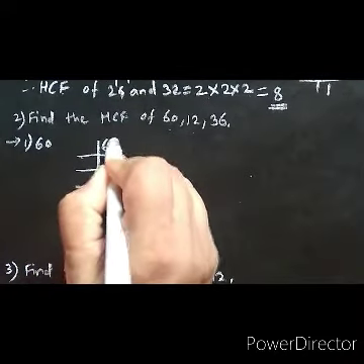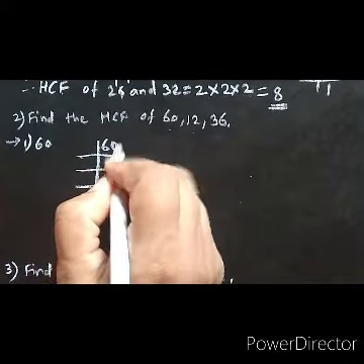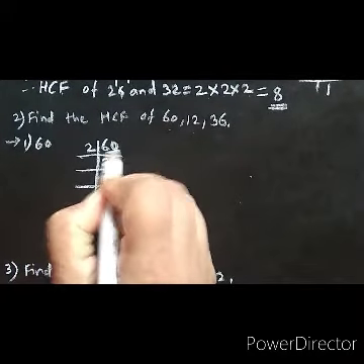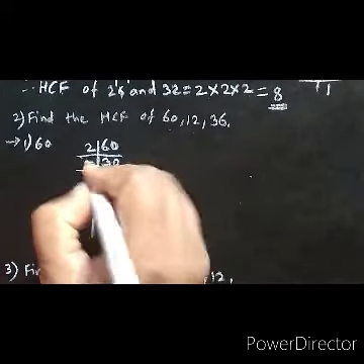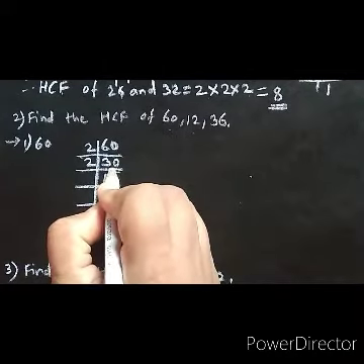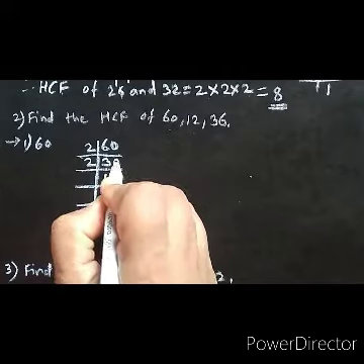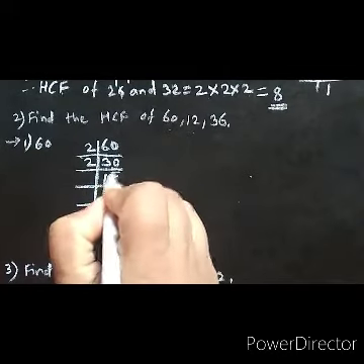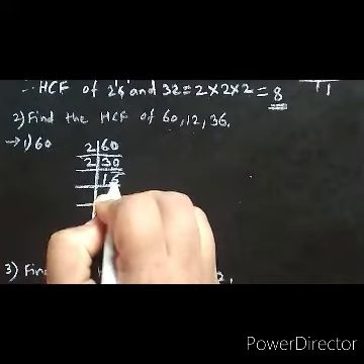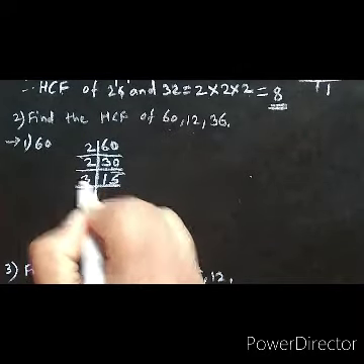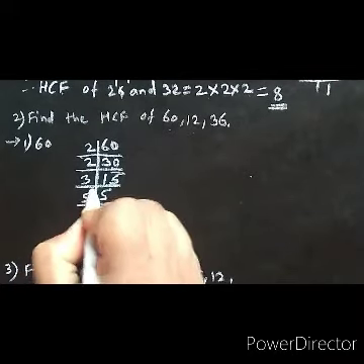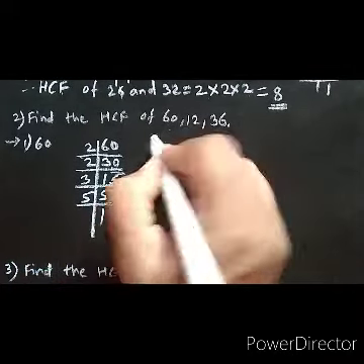See, 60 is even number because last digit is 0. Therefore, dividing by 2, 2 threes are 6, 2 zeros are 0. Again dividing by 2, 2 ones are 2, 3 minus 2, that is 1 remain. 1 and 0, that is we got 10, 2 fives are 10. Now 15 is an odd number, therefore dividing by 3, 3 fives are 15. Now 5 is prime number, therefore 5 ones are 5.